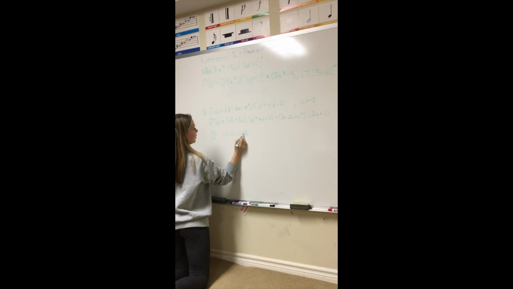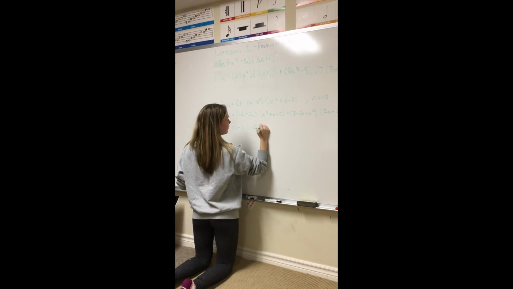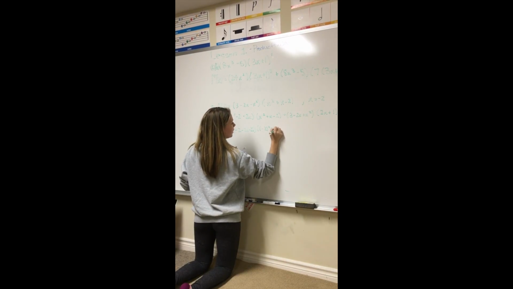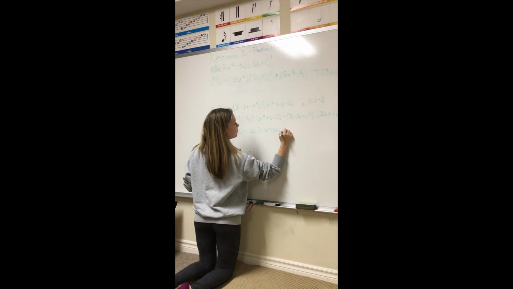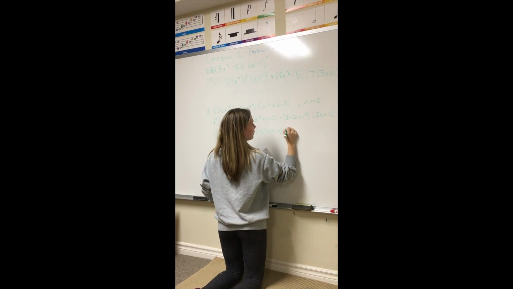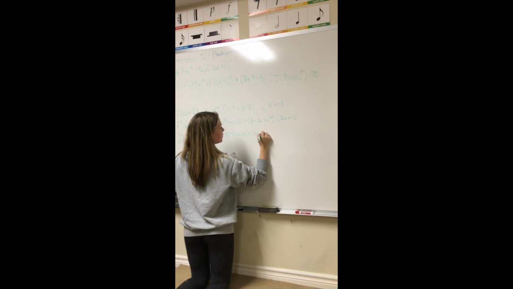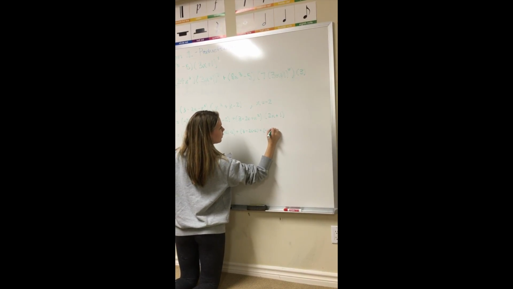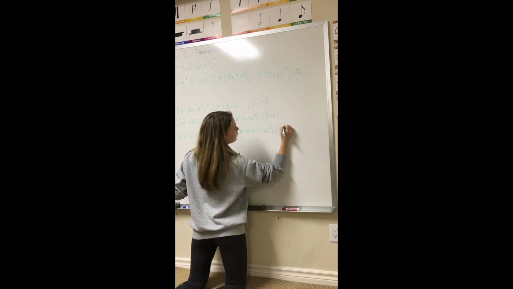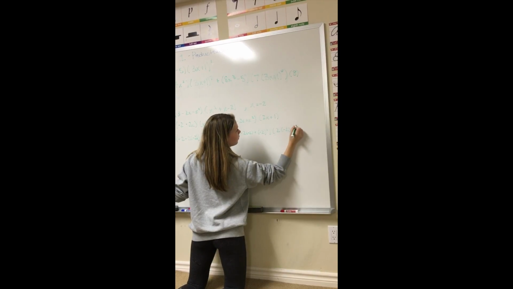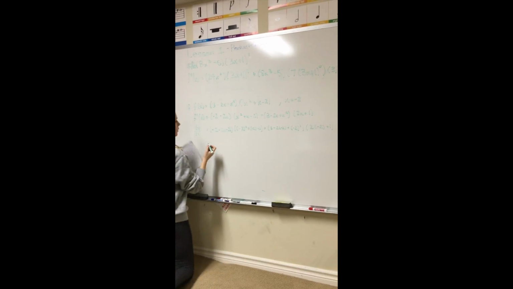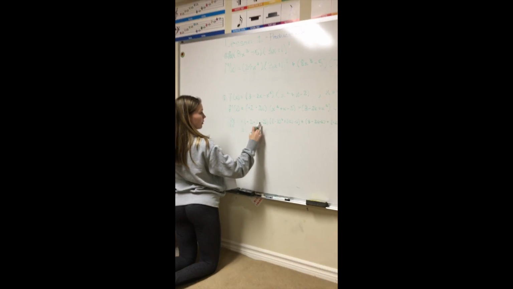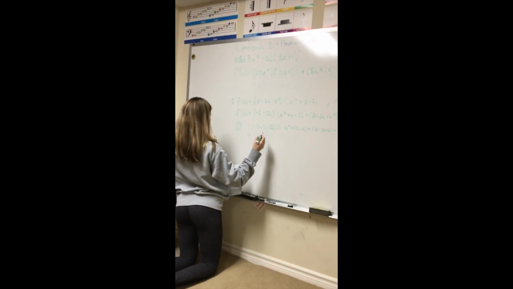You just have to make sure you're keeping track of all your minuses. We're then just going to simplify this expression even further, making sure we're keeping track of all of our negatives.